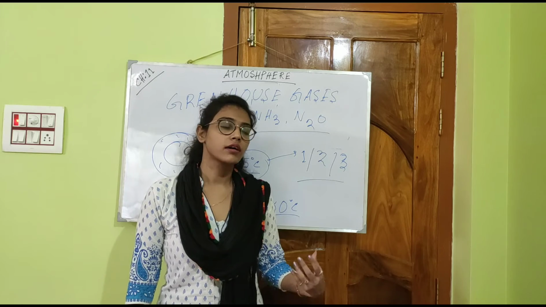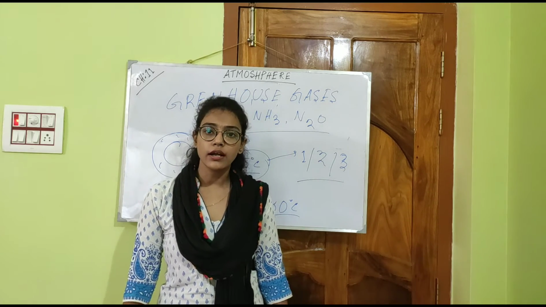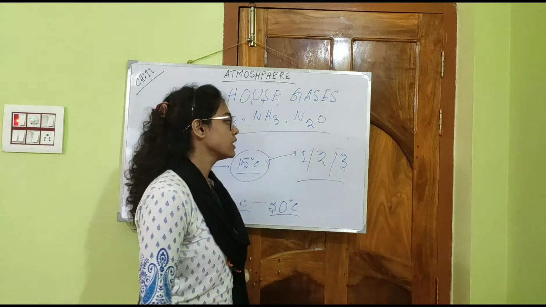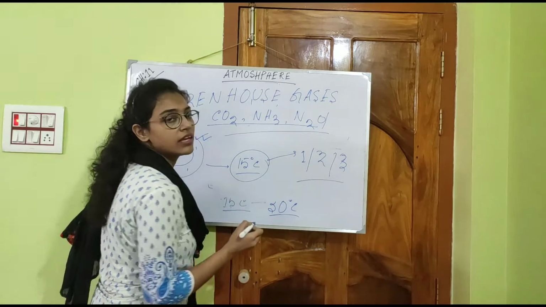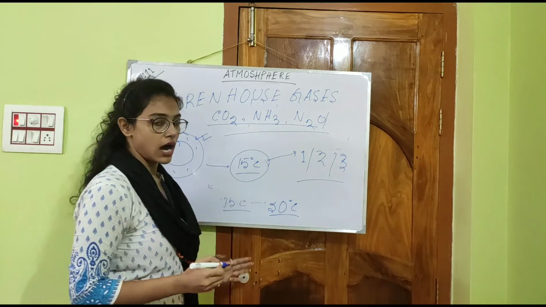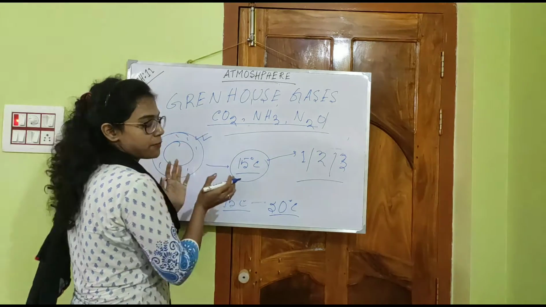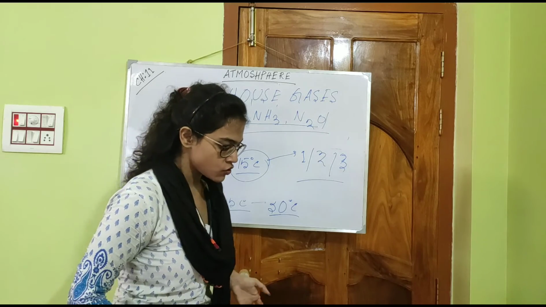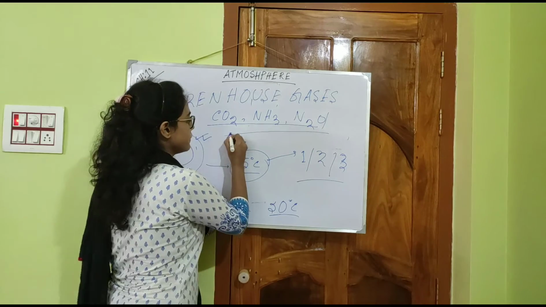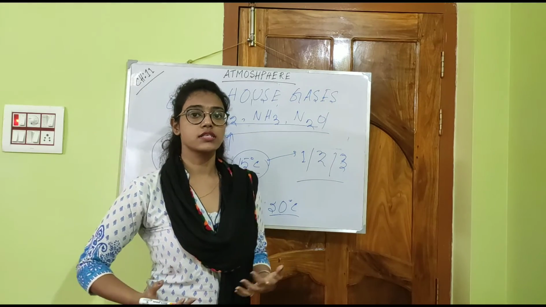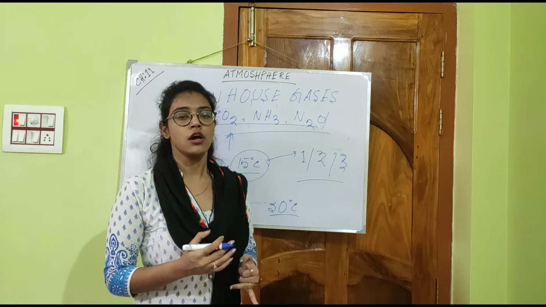For that reason, the carbon dioxide is increasing in our air. When the carbon dioxide is increasing, these gases are trapping the heat of the earth. So you can say this is a heat-trapping gas. These gases trap the heat, and this percentage increases especially because of urbanization and industrialization.